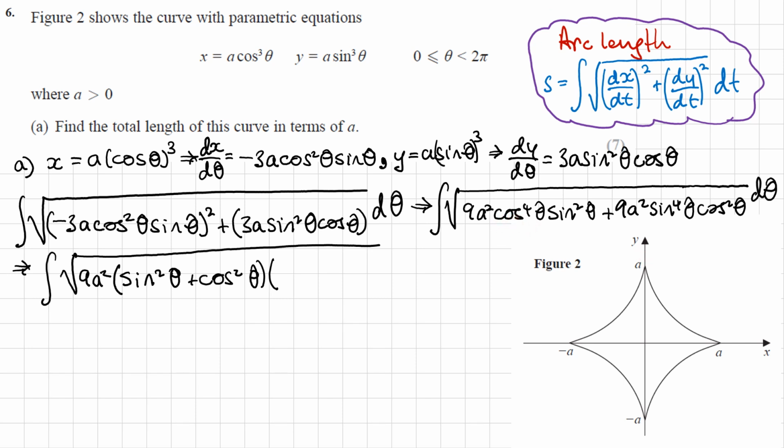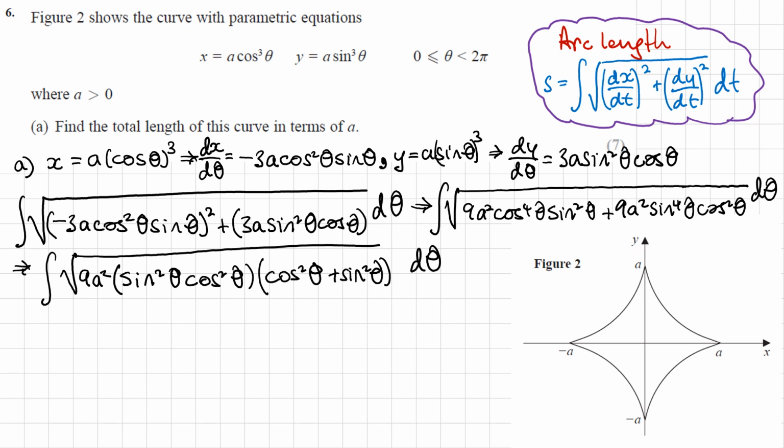Actually thinking about it, it may be better to explain it this way, that I'm taking out a sine squared cos squared as a factor. That makes a bit more sense. It's easier to understand because every term's got sine squared cos squared, and then what that will leave me with is cos squared theta plus sine squared theta, so it all multiplies out.